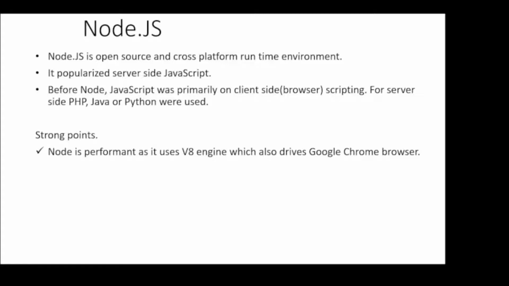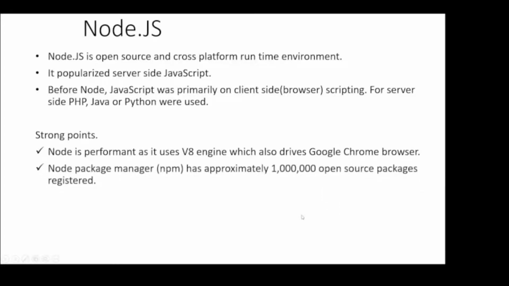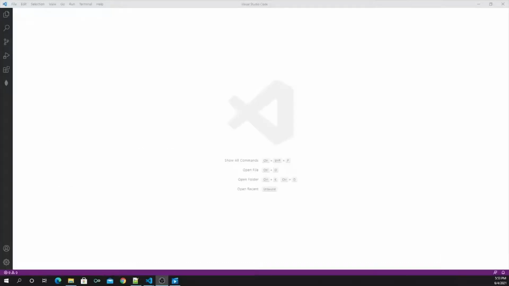However, what makes Node.js even more suitable for server-side programming is the availability of open source community-built packages. At the time of recording this video, there were approximately a million open source packages available on NPM. That means these packages are available for you to download and start using. You don't need to reinvent the wheel. One of the packages which we will use is Express.